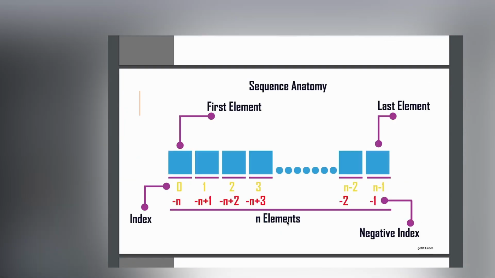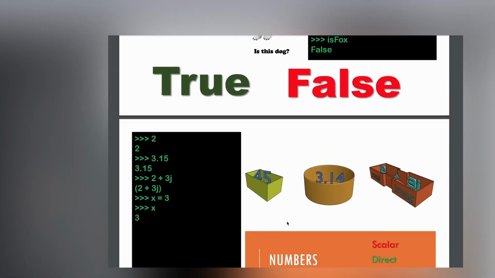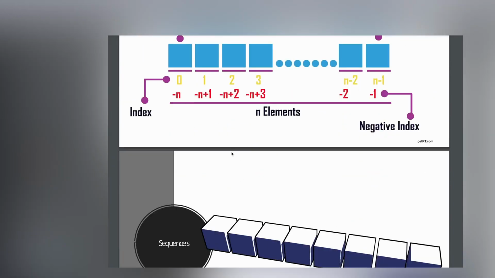So now, when it comes to what sequence types we have here, we have list and tuple.